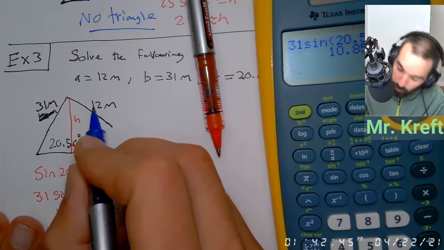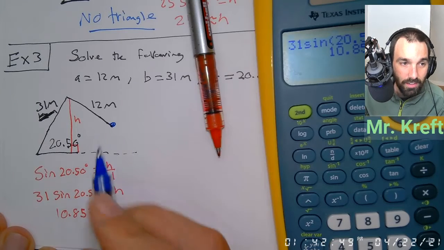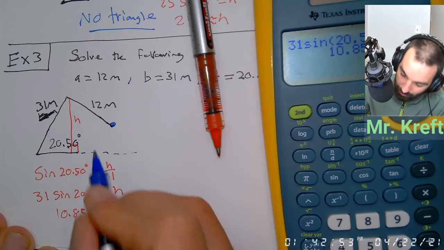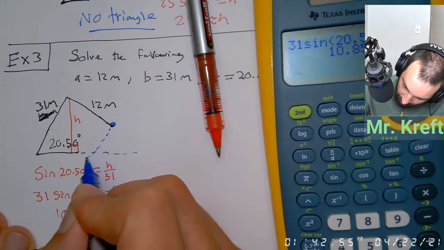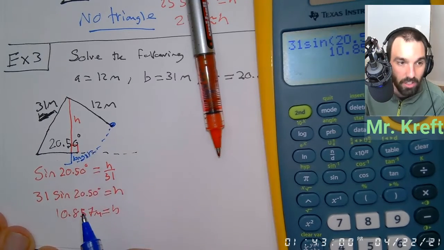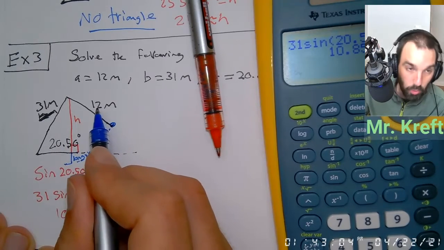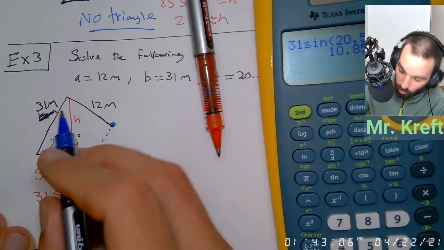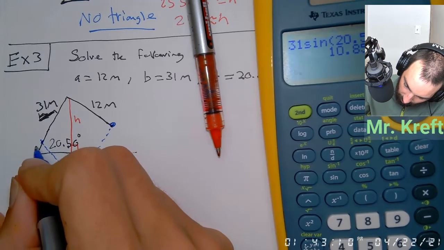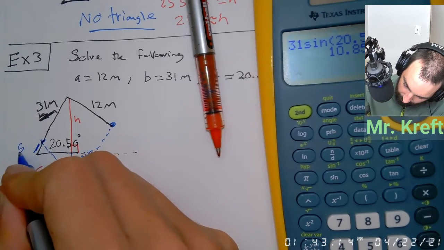All right, so if I swing this bad boy, notice how when I get down to here, that 12 is longer than 10.857. So it has to be longer here. Do you guys get that? See how it's longer? But then 12 is definitely shorter than 31.